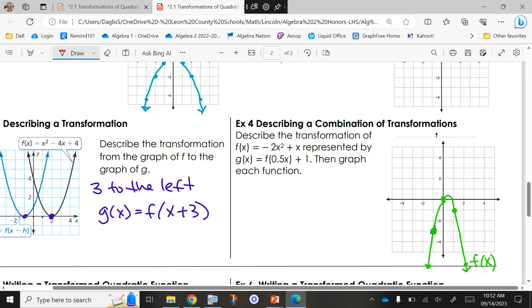A horizontal stretch. By a factor of what? 2. By 2, good, because it's 1 over 0.5, which is 2.